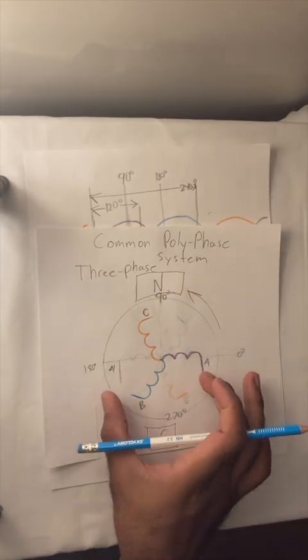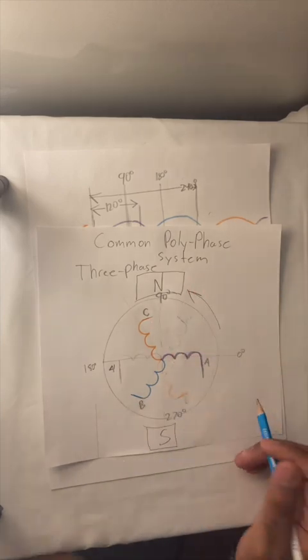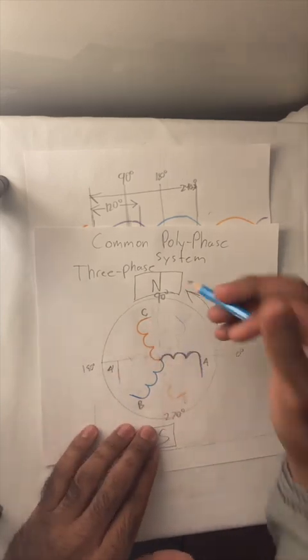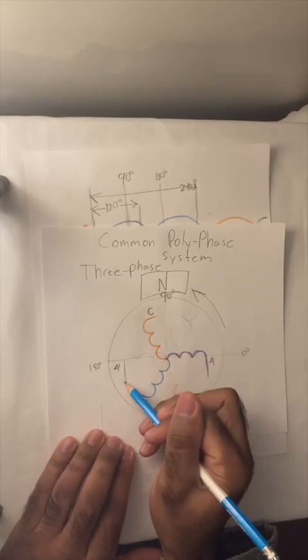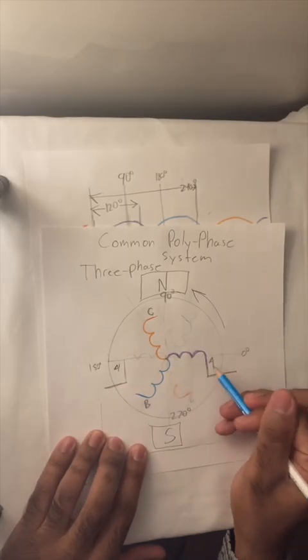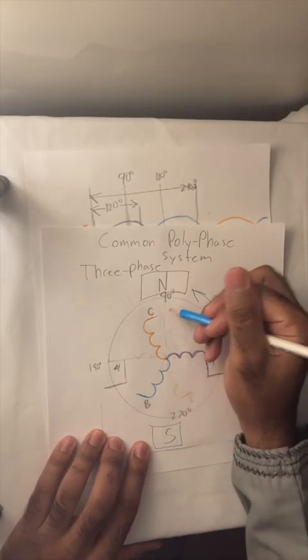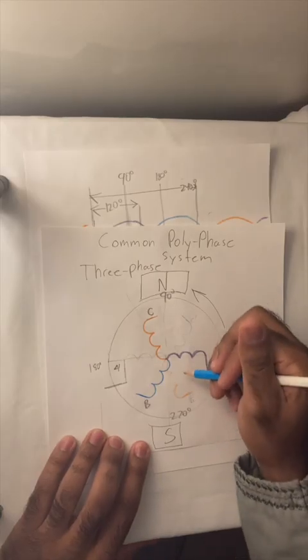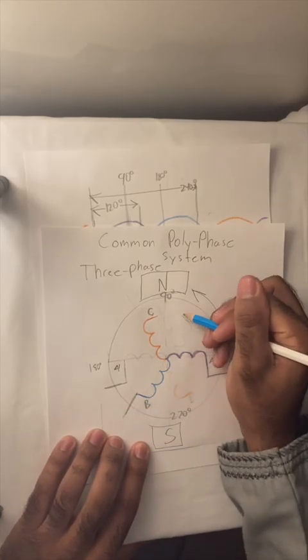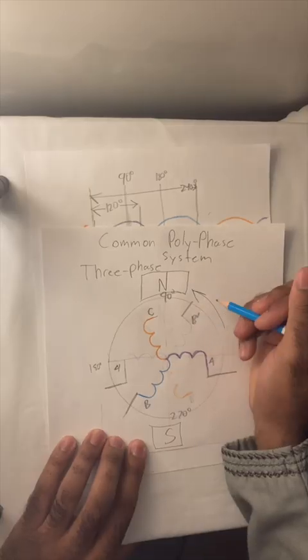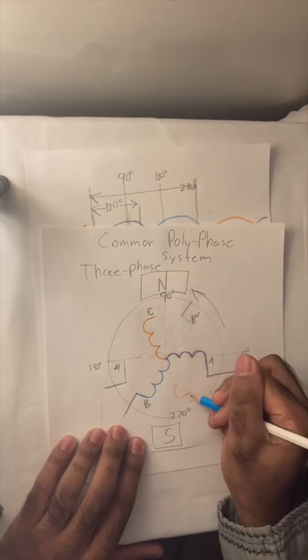So we would have 2, 4, and 6. So we would need 6 leads to extend out to this generator. That would be lead A and A prime, lead B and B prime, lead C and C prime.